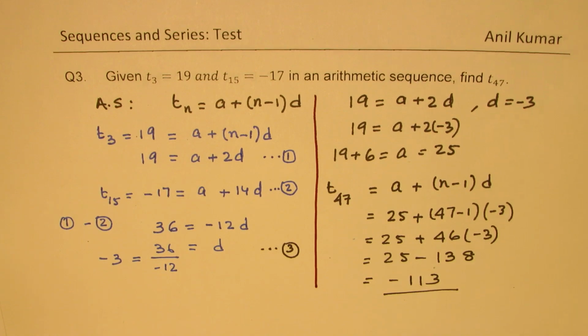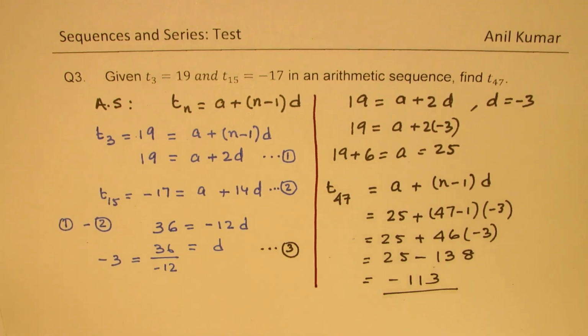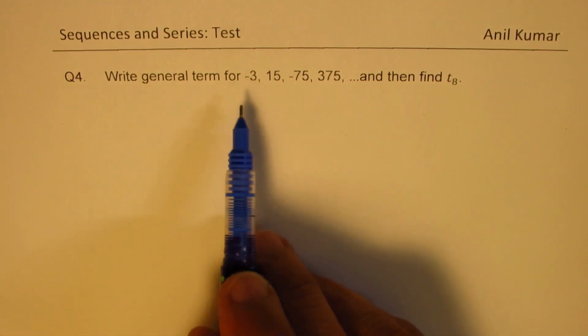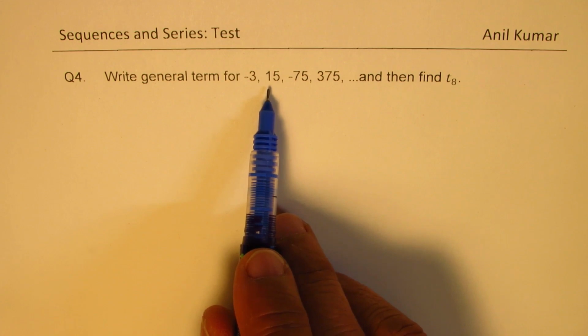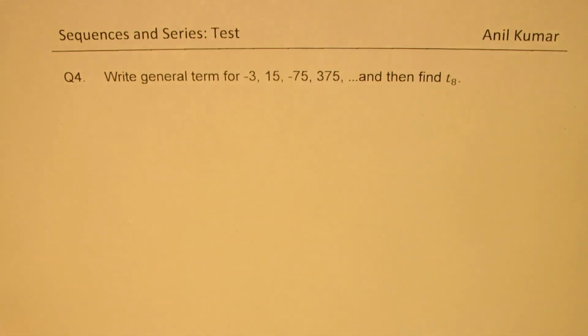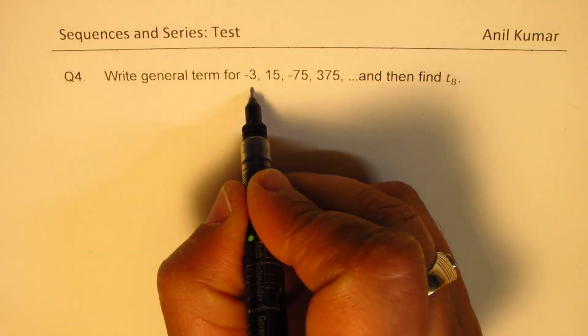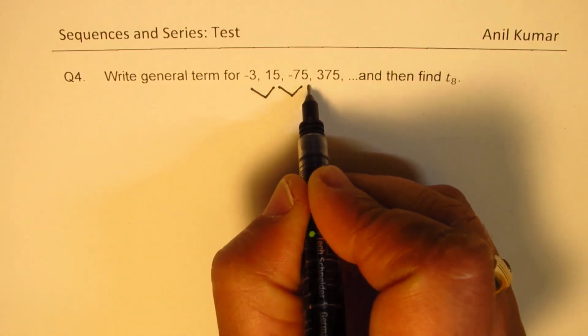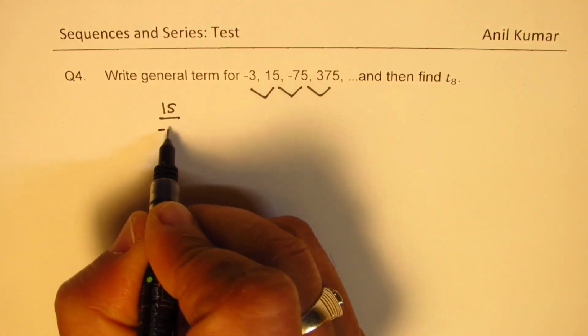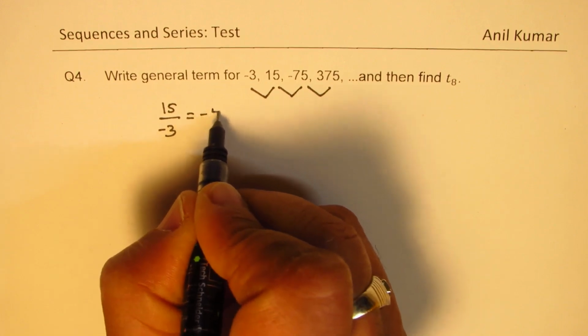Now let's move on and take the next question, which is question number 4. We need to write a general term for minus 3, 15, minus 75, 375, and so on. What you notice here is, let's work out these ratios. We have 15 over minus 3, which equals minus 5.